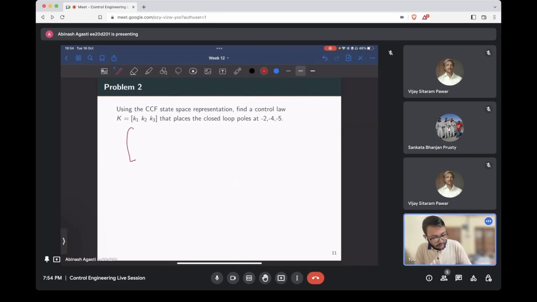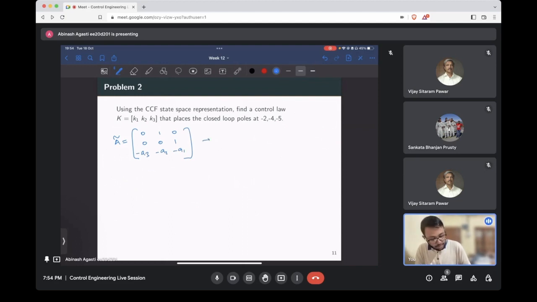Okay, we had, what do we have? A tilde is 0 1 0, 0 0 1, and minus a3, minus a2, minus a1.